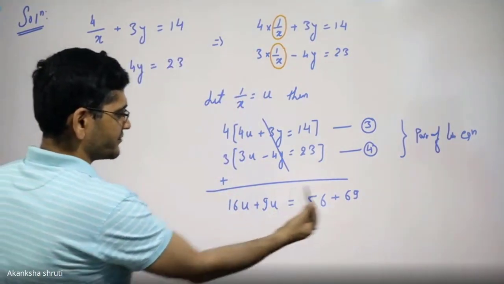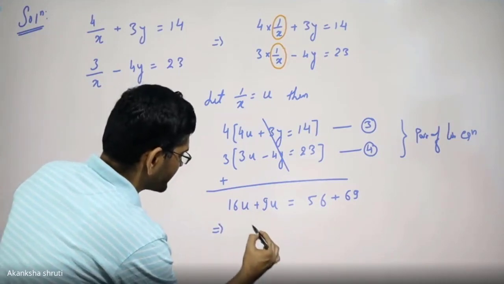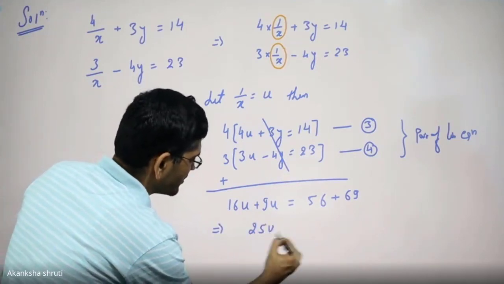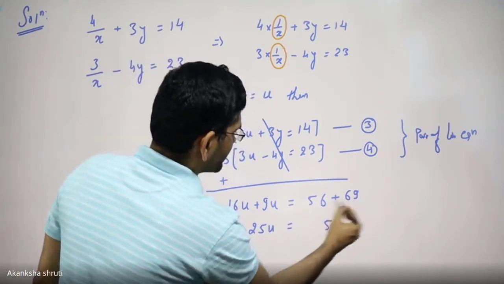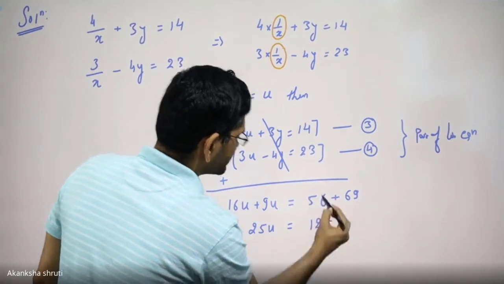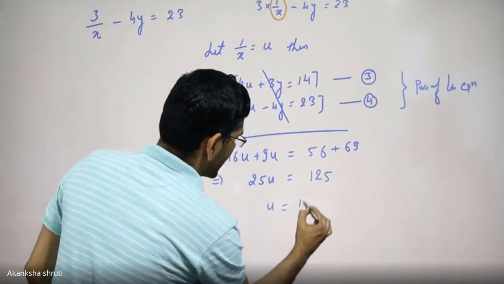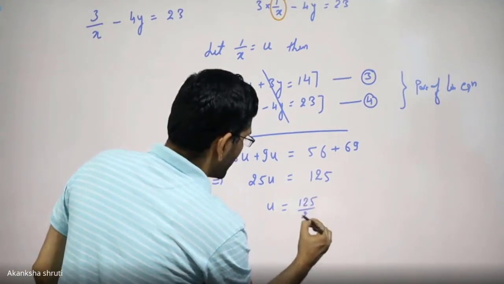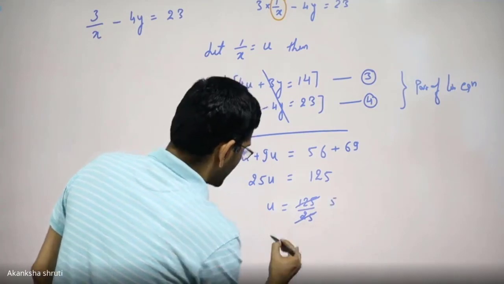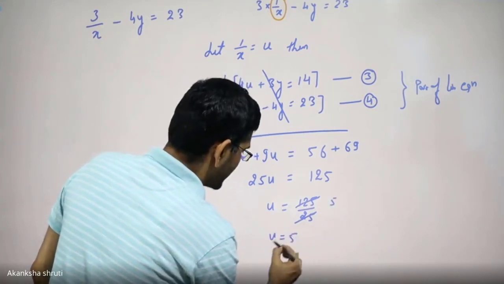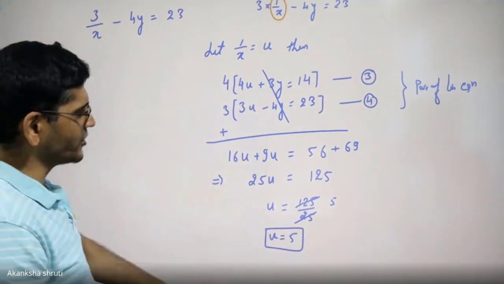So this way we are getting u. Let us solve it. It becomes 25u equals 56 plus 69, which is 125. So u we have calculated as 125 by 25, which is 5. So the value of u is 5. Student, this is not the value of x, but the value of u.